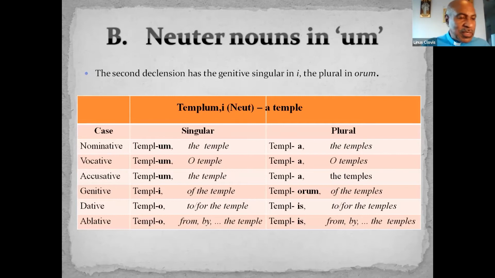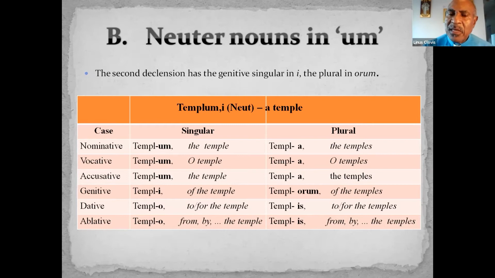Okay, that's quite a bit we did. Let's go on. So we said that the second declension nouns are masculine, some of them are feminine, and a number of them are neuter.